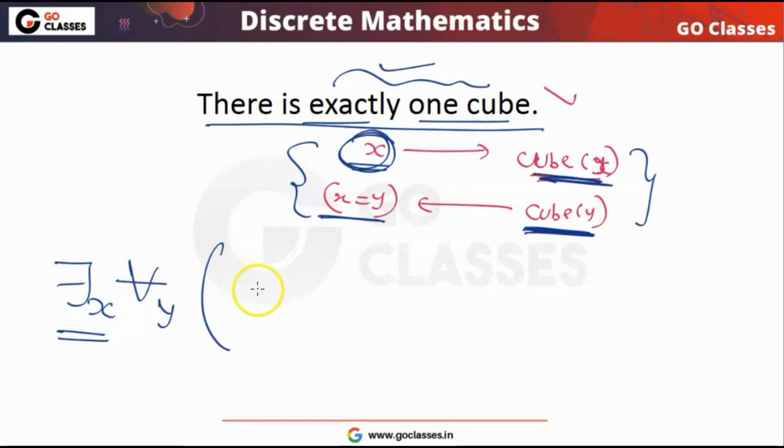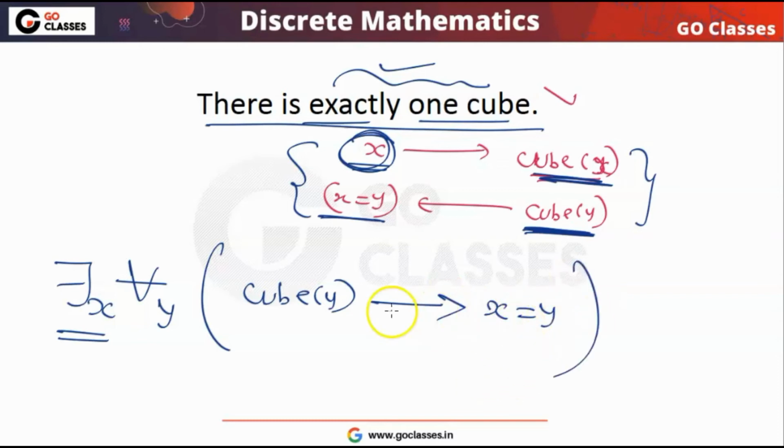So I can say that if y is a cube, then it must be equal to x, and this x must be a cube. This is how we can write it. Just understand this, it is a little bit tricky.